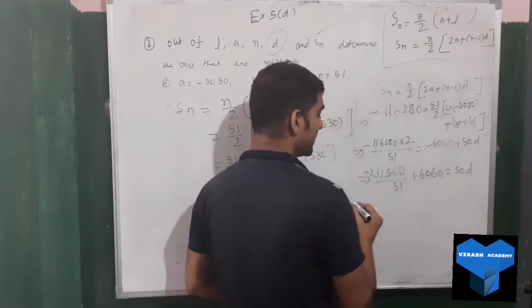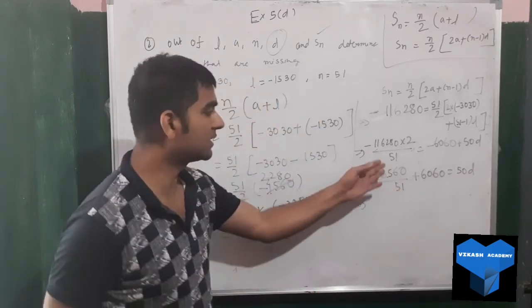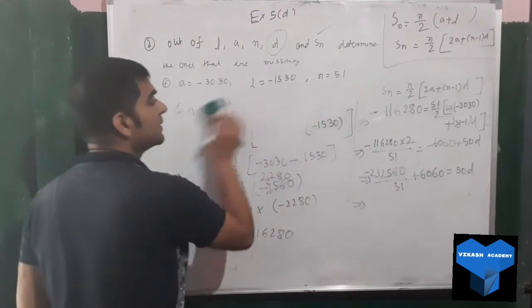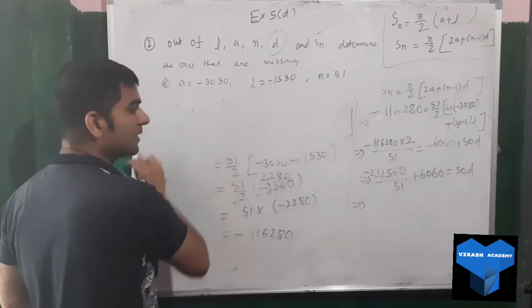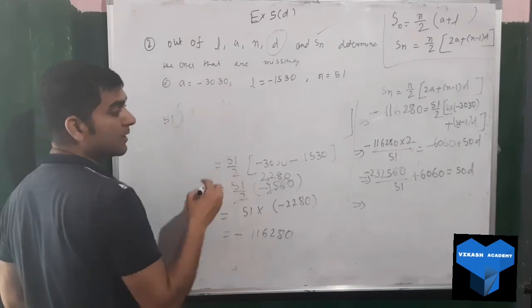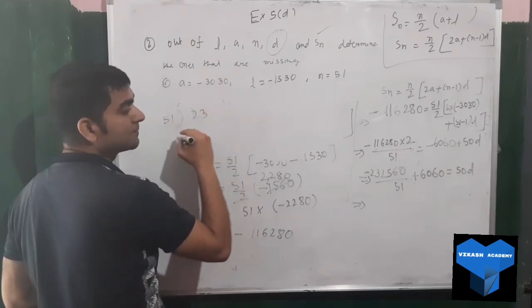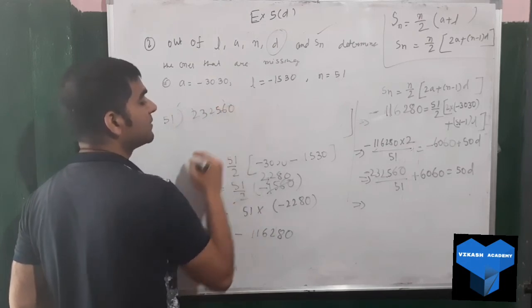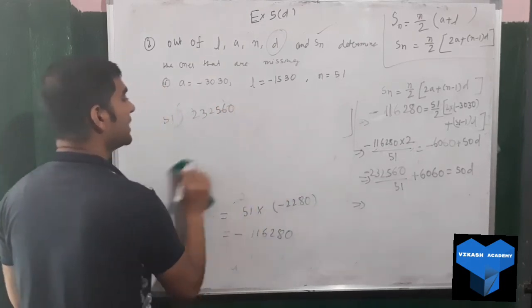Our aim is to find out d. Now how will we get this? Let us divide with 51. 51 into 2 3, then 2560 divided by 51. How much will we get?